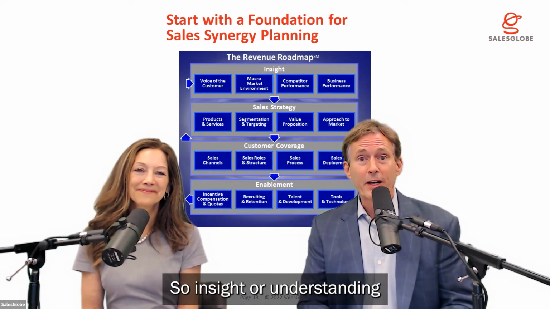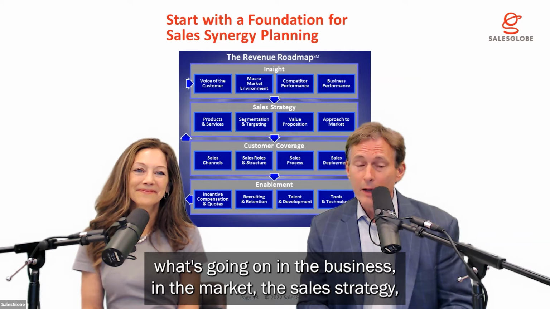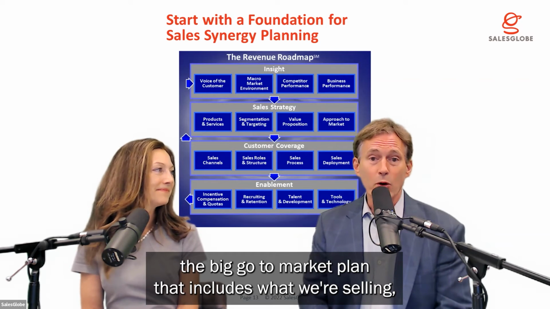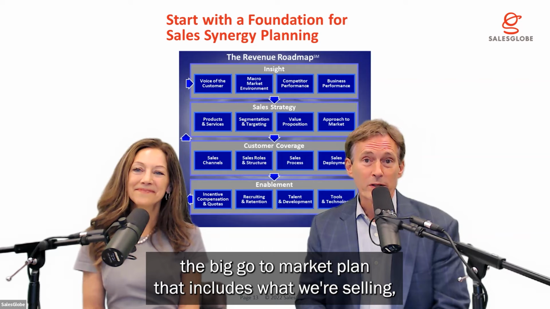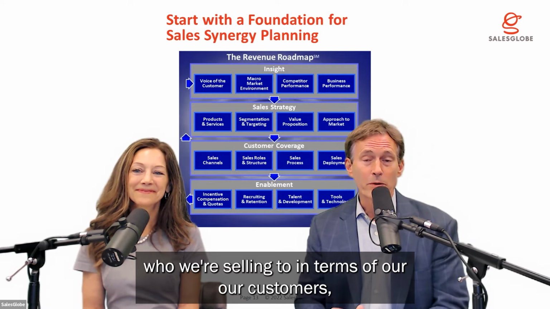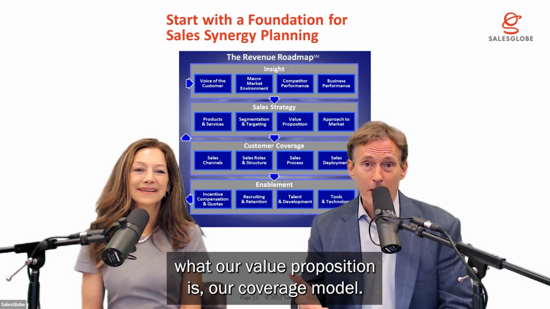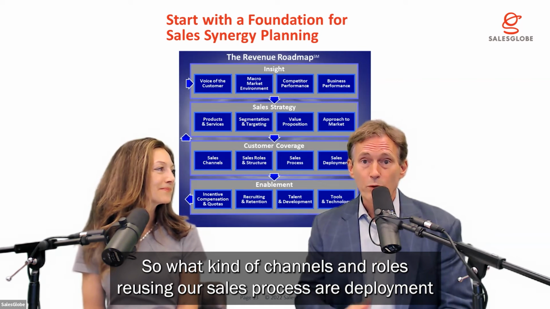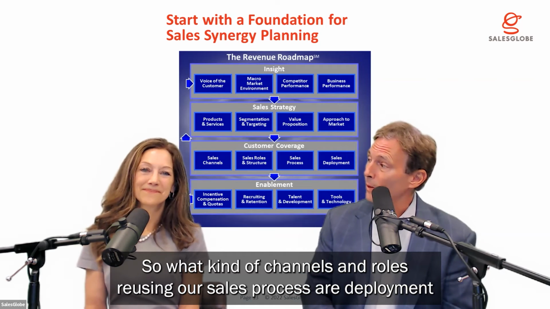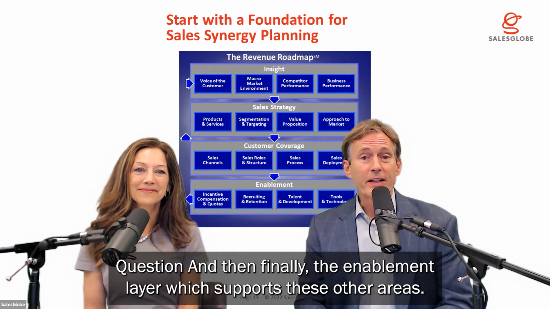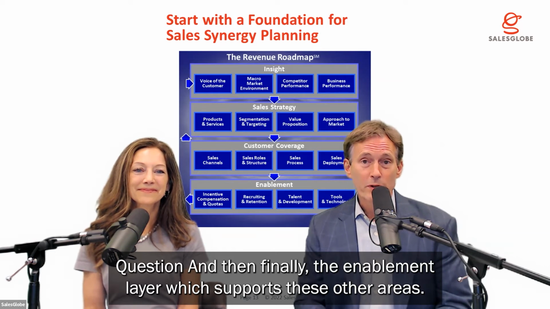So insight, or understanding what's going on in the business and the market; the sales strategy, which is basically the action plan to get to the goal, the big go-to-market plan that includes what we're selling, who we're selling to in terms of our customers, what our value proposition is, our coverage model. So what kind of channels and roles we're using, our sales process, our deployment or territory, feet on the street question. And then finally, the enablement layer, which supports these other areas.